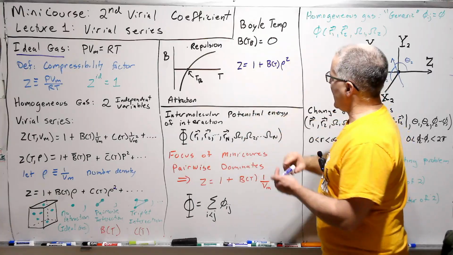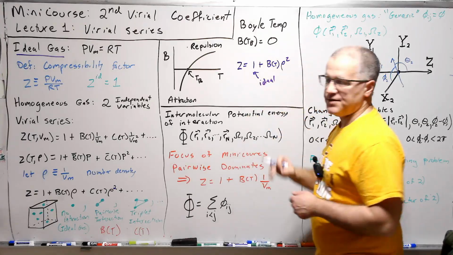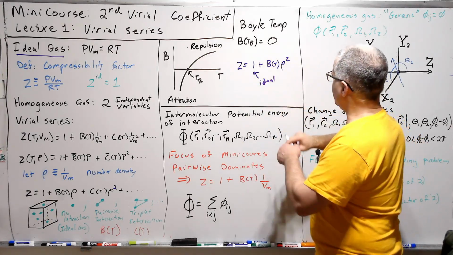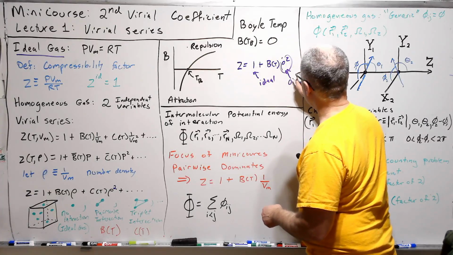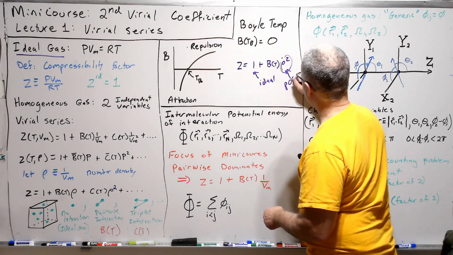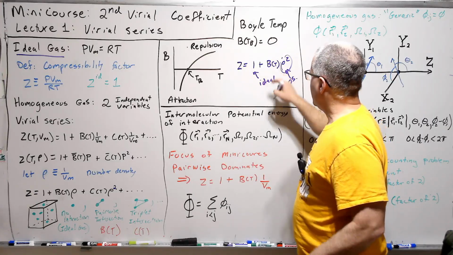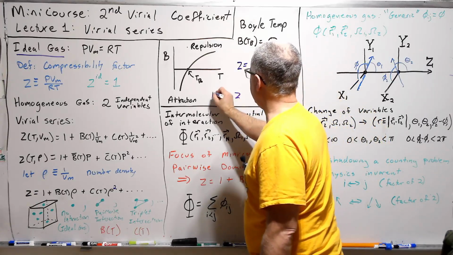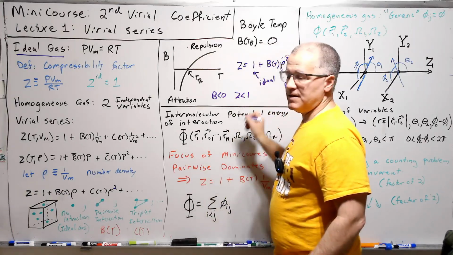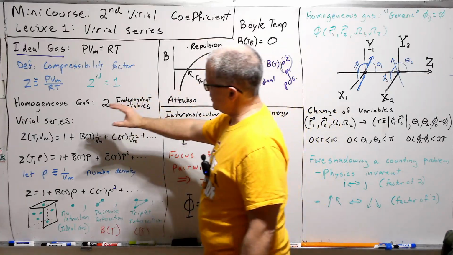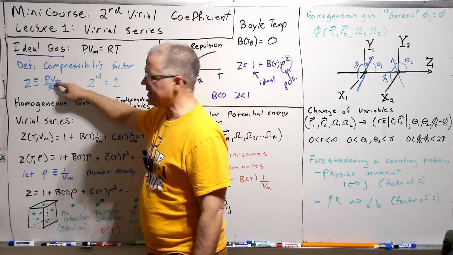So for an ideal gas, Z is 1. This is always positive here. If B is negative, if B is less than 0, then Z is less than 1. So let's look at this. If Z is less than 1, it means this numerator is less.